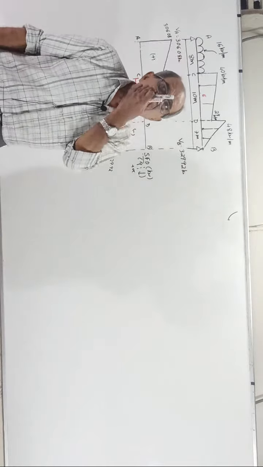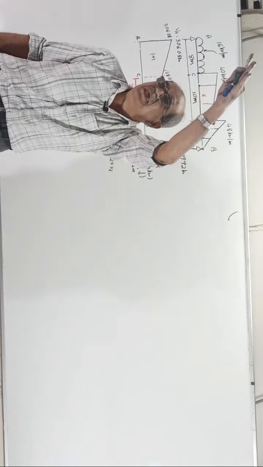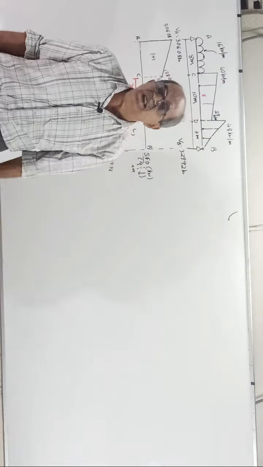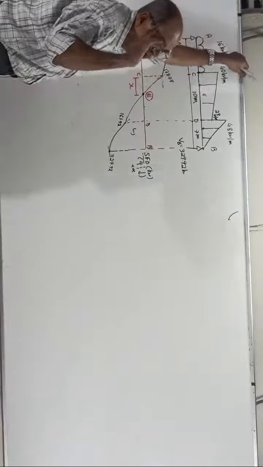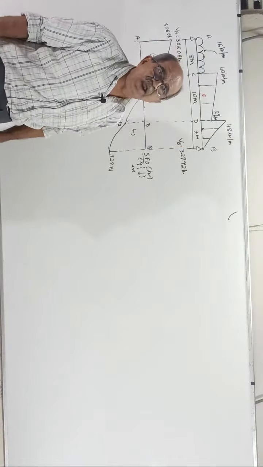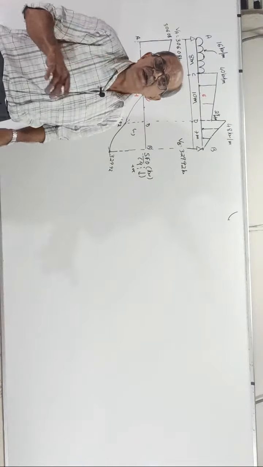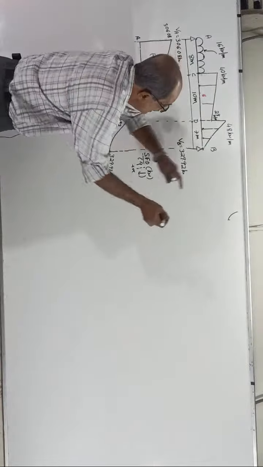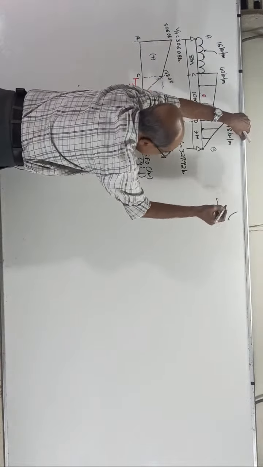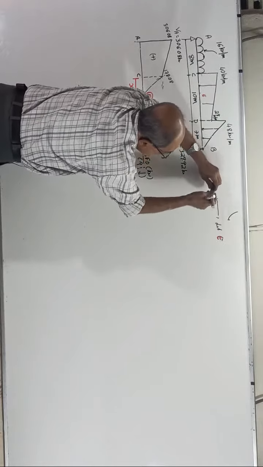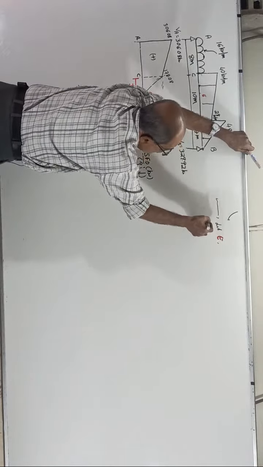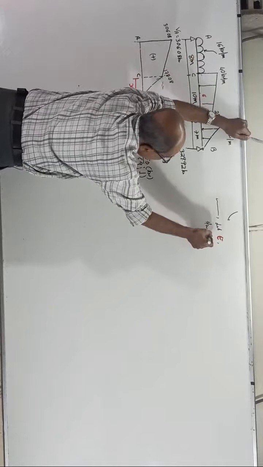Check whether SFD crosses the zero line somewhere. Your answer, yes. Is it a known point or unknown point? Unknown point. If it is an unknown point, locate it. So therefore, observing SFD, let E be the point between what? C and D.